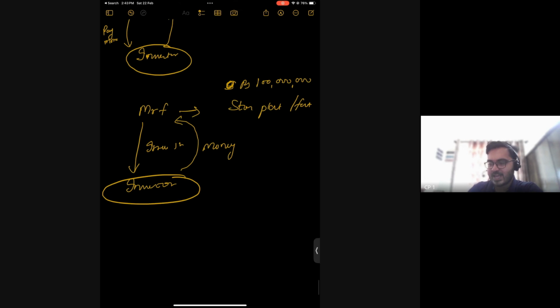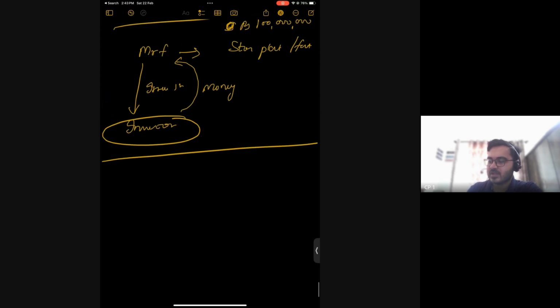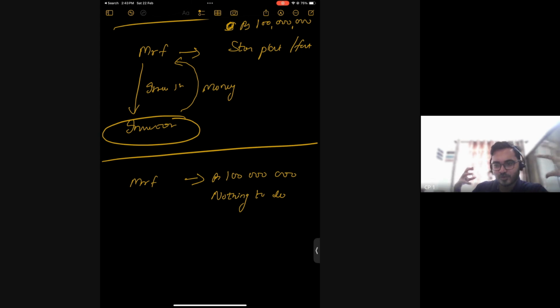The exact opposite happens when, instead of going through this route, let's now assume that MRF is sitting on $100 million or 100 million rupees, and they have nothing to do with it. If you are sitting on money of investors and you have nothing to do with it, of course, it's not a good situation to be at.